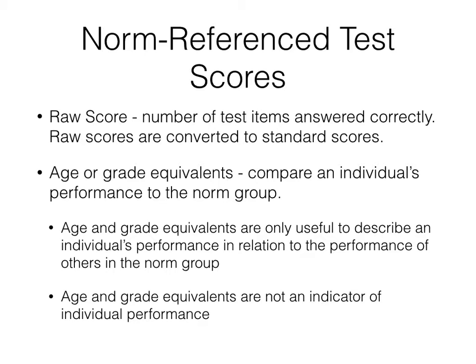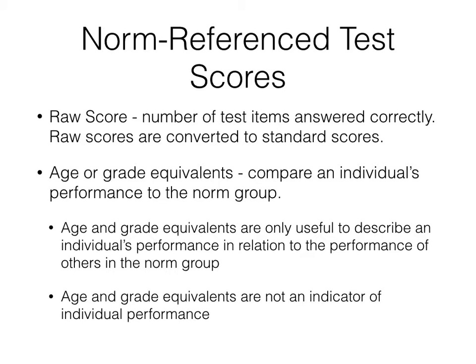So the age or grade equivalents allow us to compare the child's performance to the normative group. We can typically, on most achievement, well, I guess just achievement tests, in this case, have an age and a grade level norm that we can consider. So age and grade level equivalents are only useful to describe an individual's performance in relationship to the others in that group.